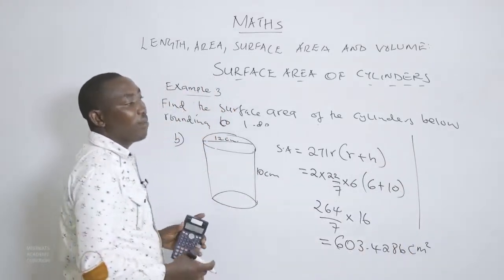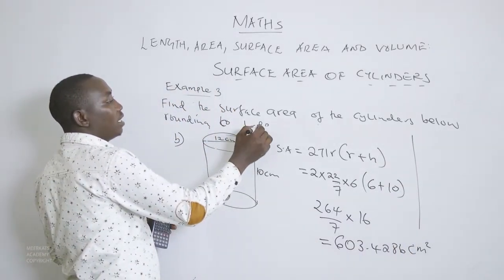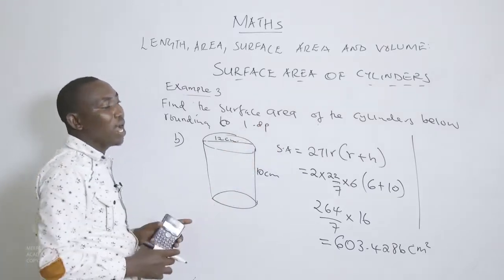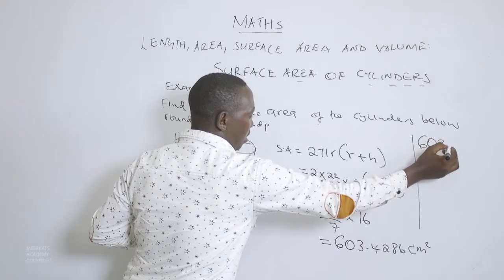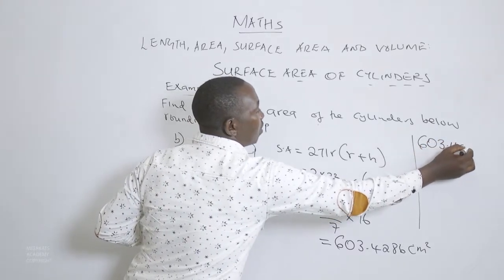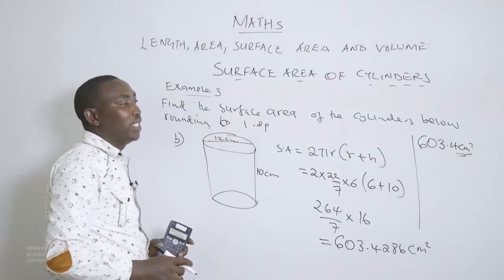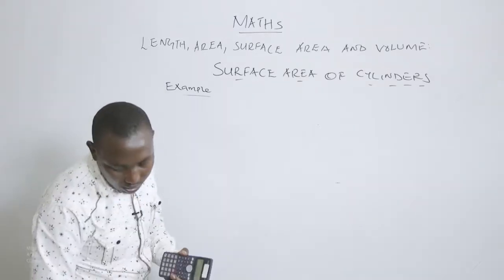But always refer back to the question. We are required to write our answers correct to 1 decimal place. So this shall be 603.4 centimeters squared.